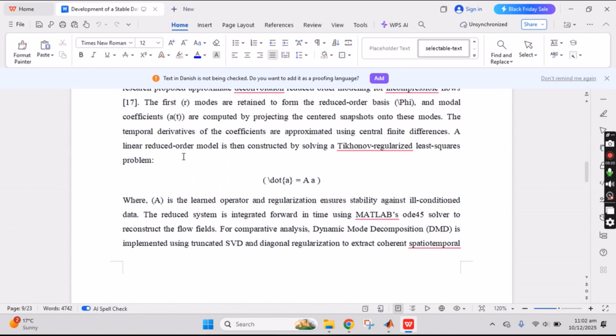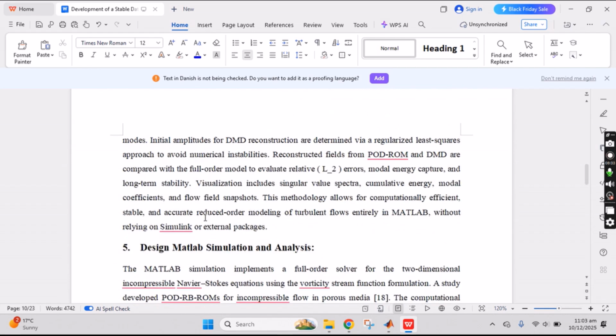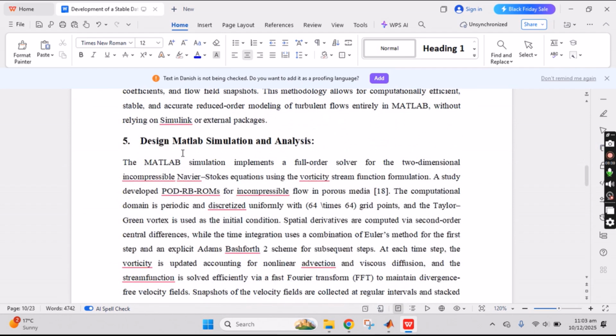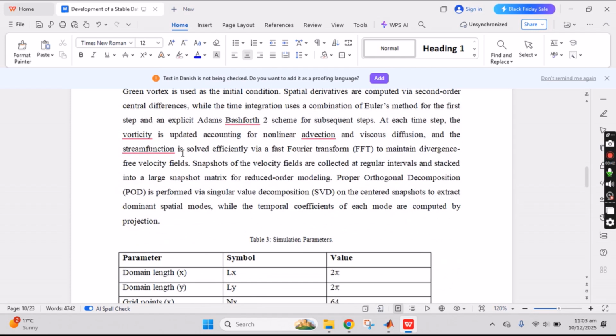So the methodology is developed for the DMD reconstruction, and then the MATLAB design and MATLAB simulation.